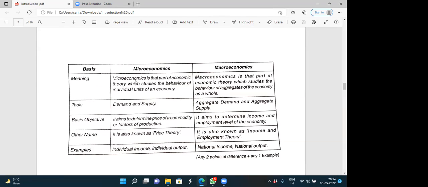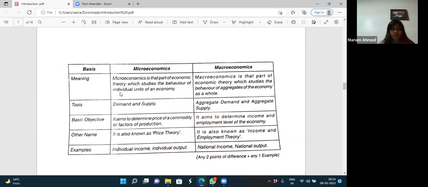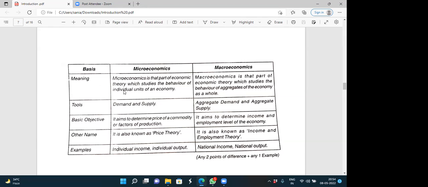So this is the general difference. Microeconomics is the part of economic theory which studies the behavior of the individual. Individual is a single person, and aggregate is the combination. Microeconomics studies the behavior of the individual unit, what an individual company, person or firm is doing.